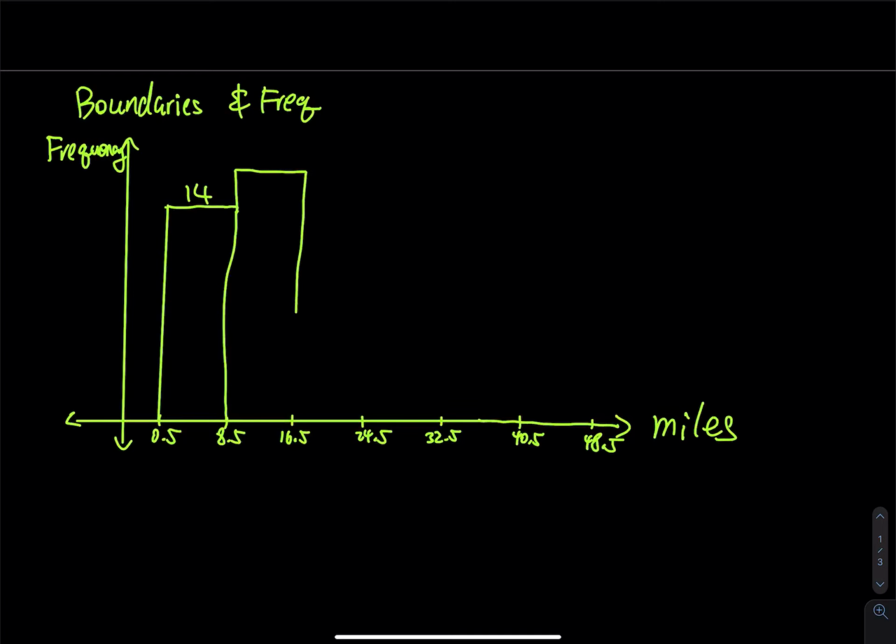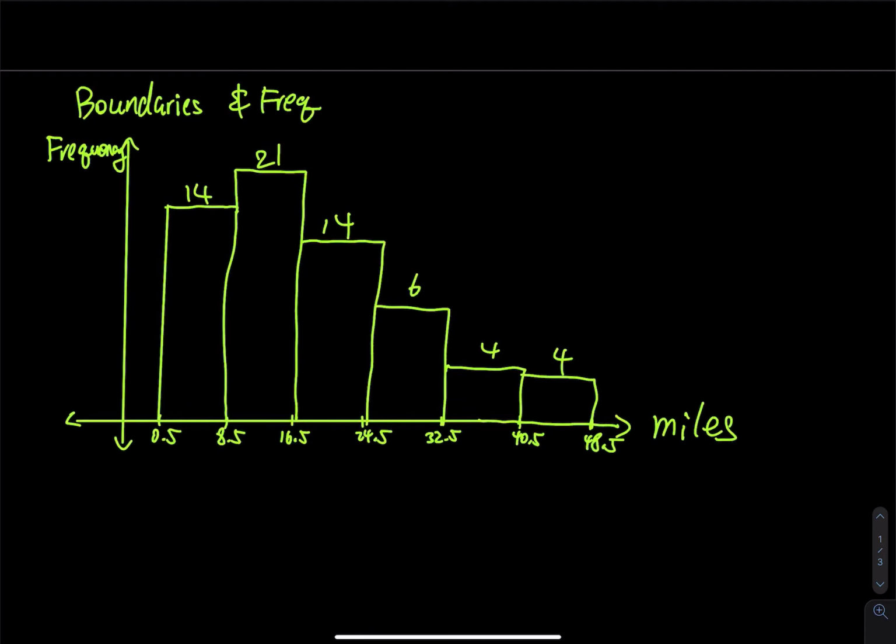So 21 is the tallest bar, and then 11, shorter than 14, and then a 6, and then a 4, and then a 4. So I just sketch a histogram. The benefit of putting numbers on top of each bar is that you don't have to scale the vertical axis. I hate scaling those vertical axes because it's a sketch, right? As long as the scale is reasonable, you will be okay.